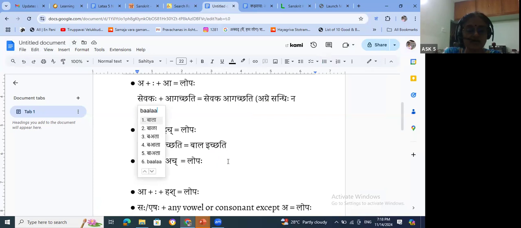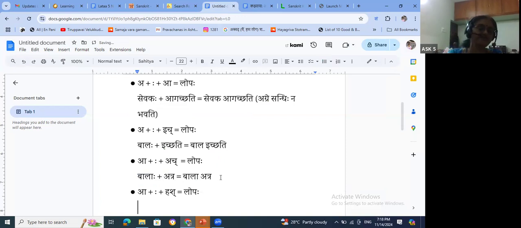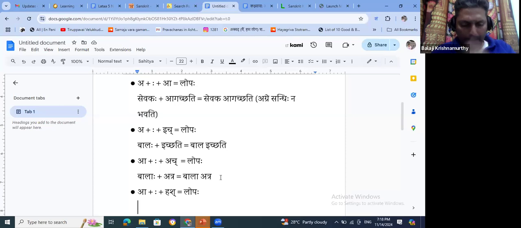Balaha plus atra becomes balaha atra. The visarga goes. We cannot do any other sandhi after this. We cannot say bala atra. Can't say that. Okay, then we want one Mrudu Vyanjanani. What can we say? Balaha gachanti. Same.